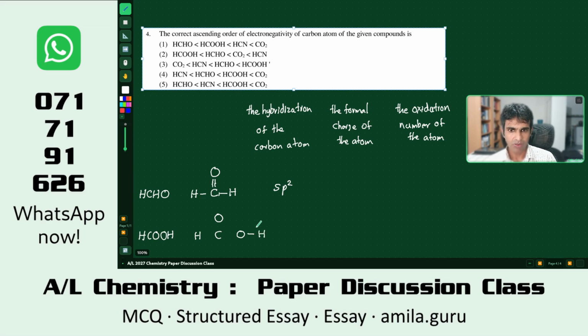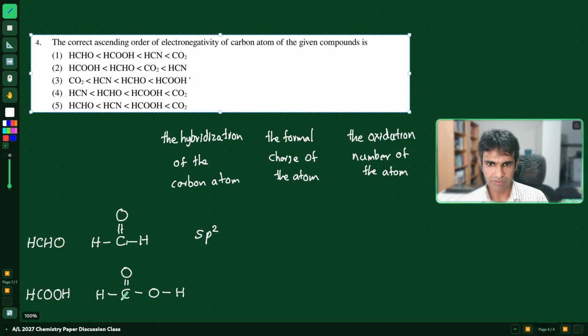Therefore, one hydrogen atom can be released as a hydrogen ion. Therefore, it is bonded to the oxygen atom in the acid molecule. So, valence of oxygen is 2, valence of hydrogen is 1. So, 3 sigma bonds with 1 pi bond. Therefore, hybridization is sp2.